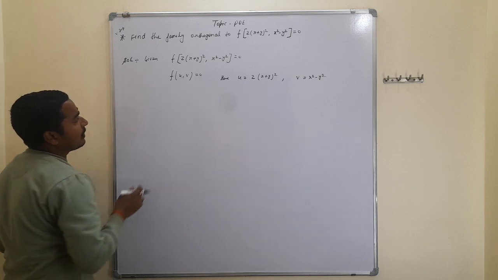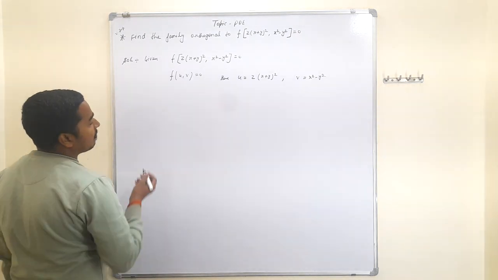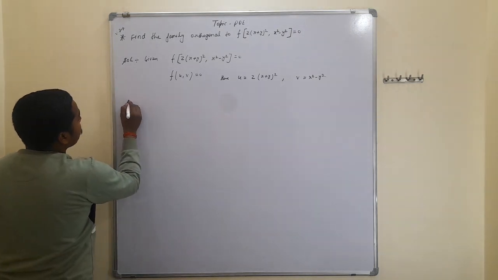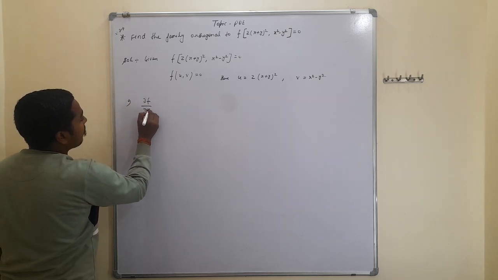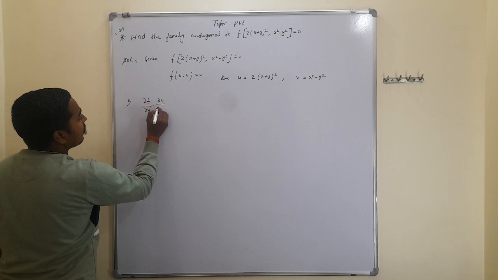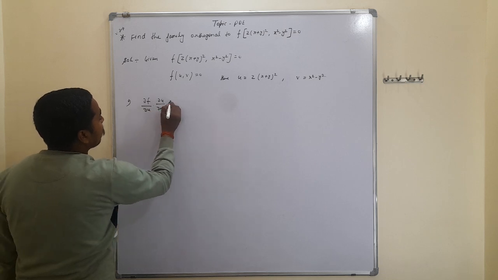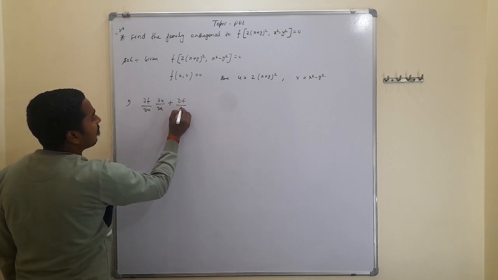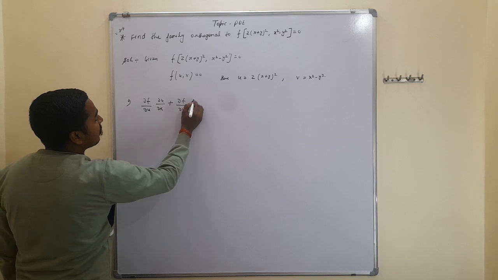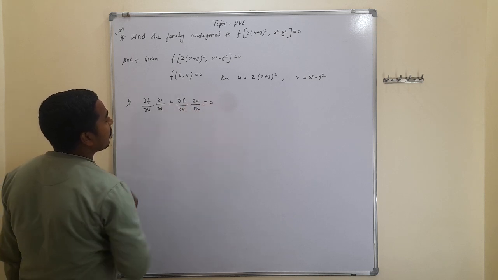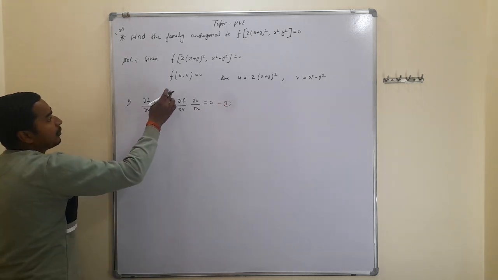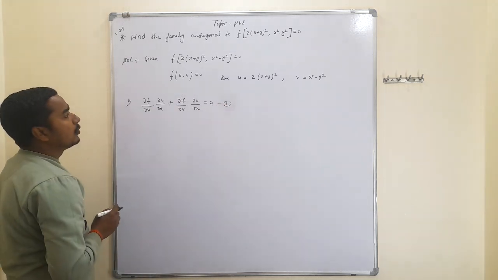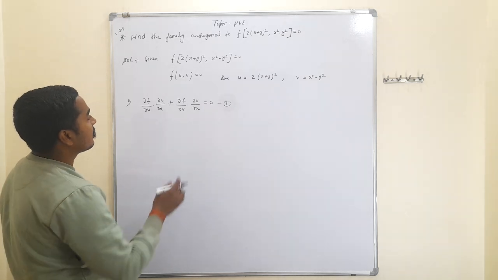f of u comma v is equal to 0 can also be written in chain form, using the chain rule. This is written as del f upon del u into del u upon del x plus del f upon del v into del v upon del x is equal to 0, and let this be equation 1. We can also write f of u comma v is equal to 0 with respect to y.